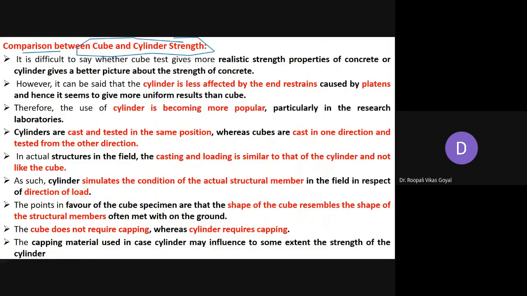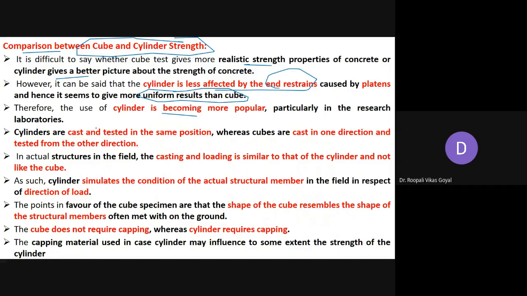It is difficult to say whether cubes are giving more elastic strength properties of concrete or cylinder is giving better result. But it is said that cylinder is less affected by the end restraints caused by the steel platens. Hence cylinders are giving more uniform results than cube. That's why cylinder is becoming more popular in the research laboratory.